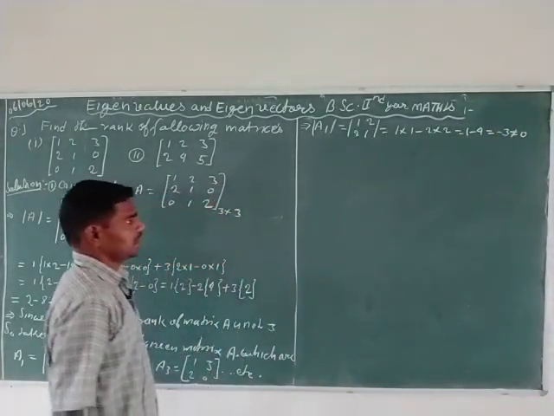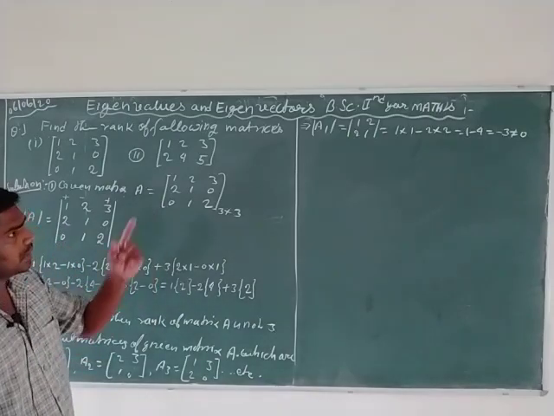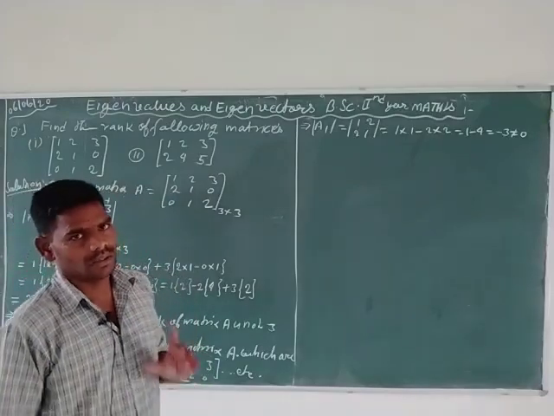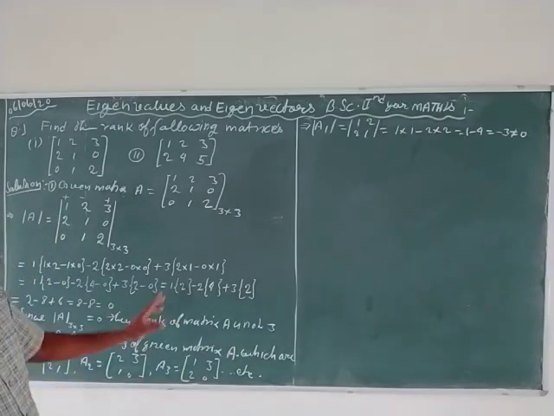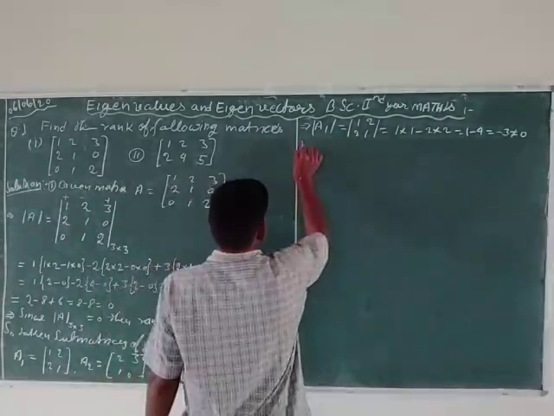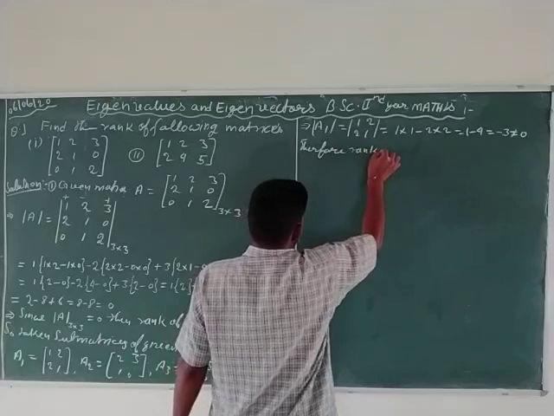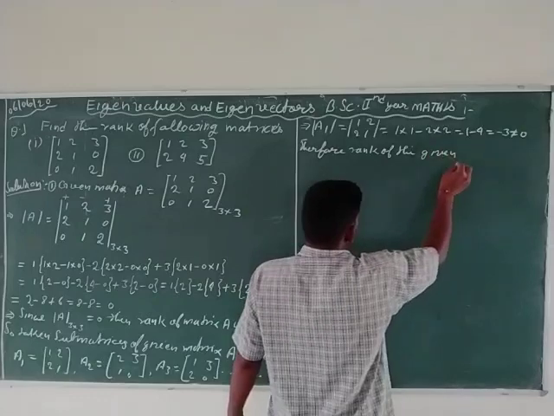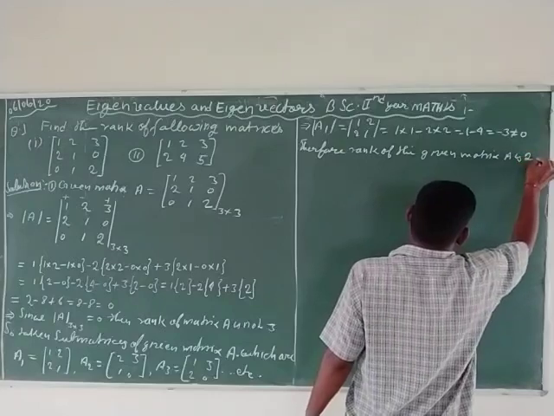So if at least one submatrix of the given matrix exists whose determinant is not equal to 0, then the rank of the given matrix is the order of that submatrix, meaning the rank of the given matrix capital A is 2. This is the complete solution.